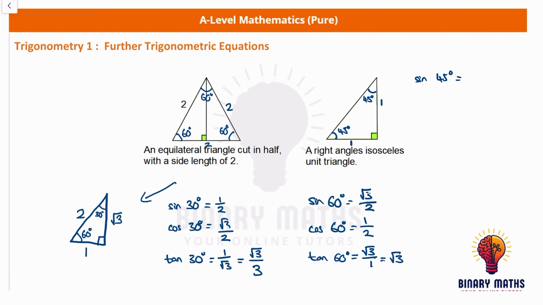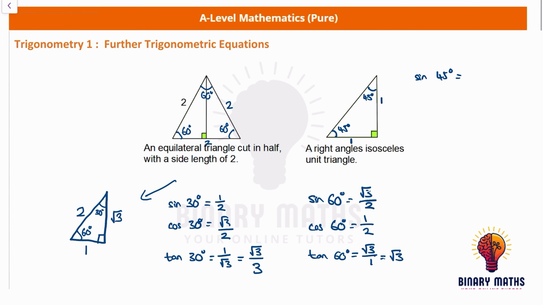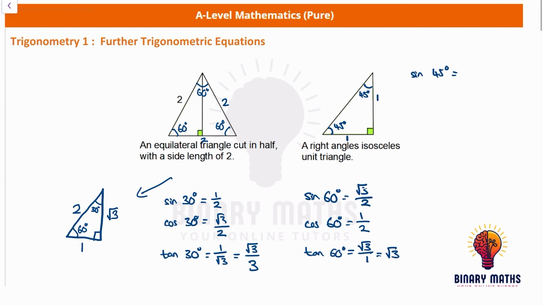The first thing I need to do is work out hypotenuse. We're using Pythagoras, which is root of 1 squared plus 1 squared, which is root of 2. So sine 45 is opposite over hypotenuse, which gives me 1 over root 2. If I rationalize the denominator, then I get root 2 over 2.